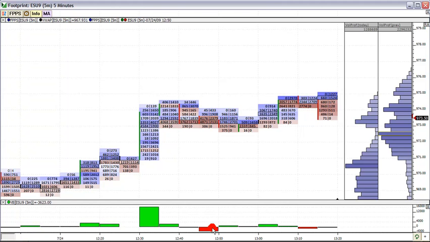So it's giving us an idea of what type of activity is present within each bar. Are we seeing the buyers being more aggressive and trading at the ask, or are we seeing the sellers more aggressive and trading at the bid, hitting the bid, trying to either get out of a position or get short?